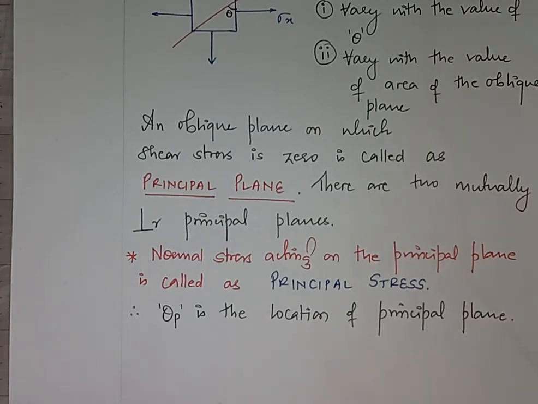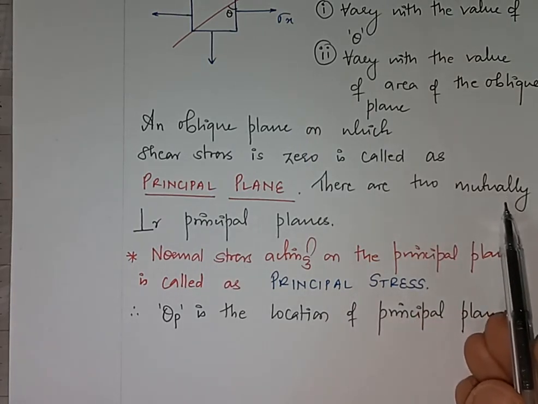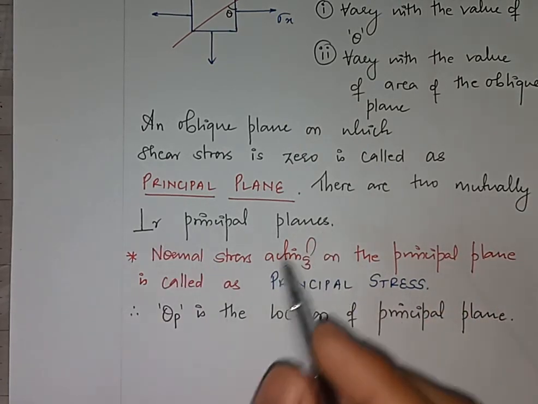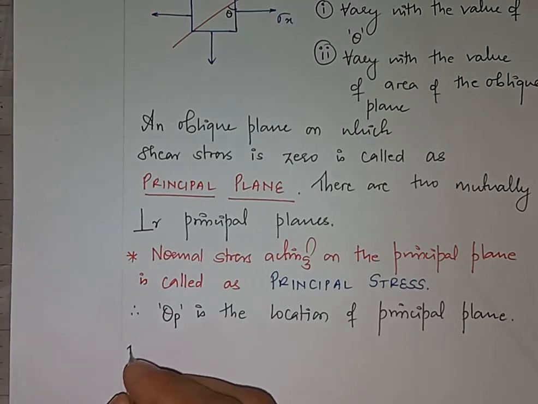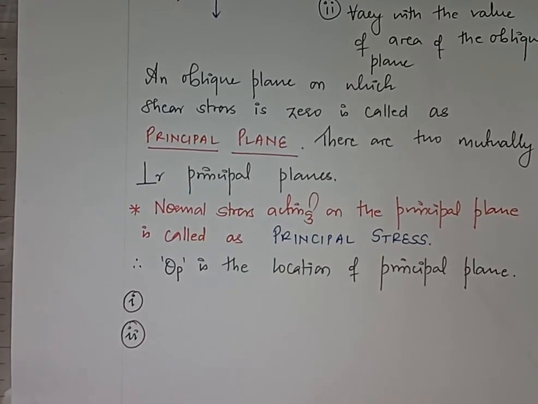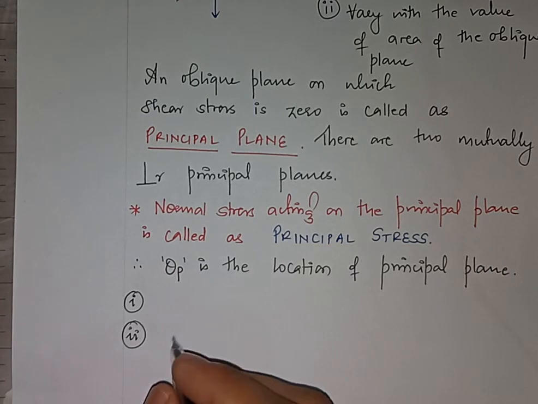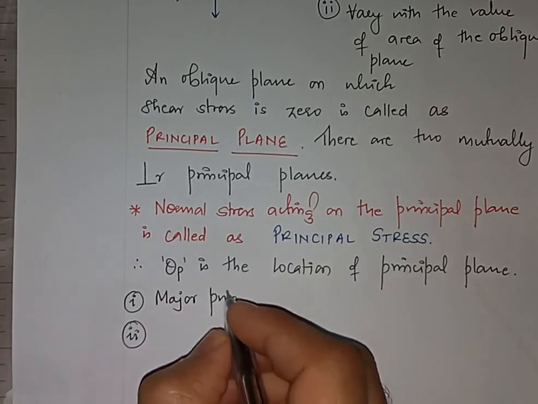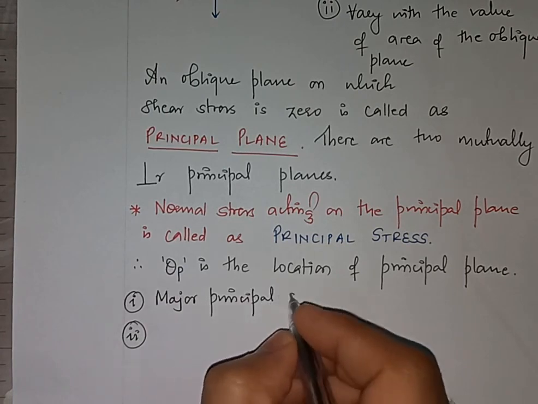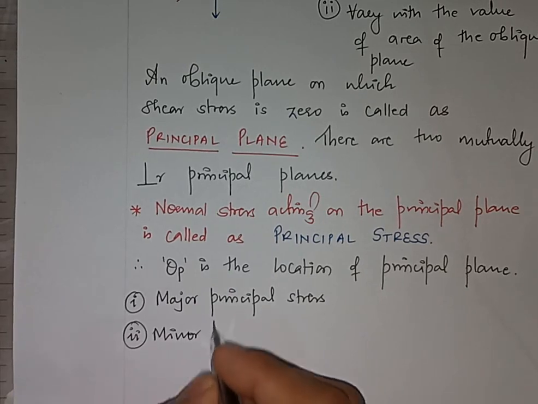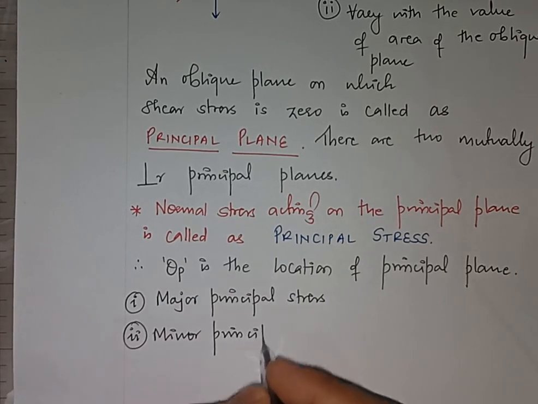Since we are aware that there are two mutually perpendicular principal planes, that gives rise to two types of principal stresses. Which are those? One is major principal stress, and the second one is minor principal stress.